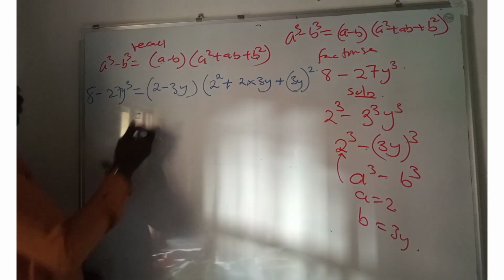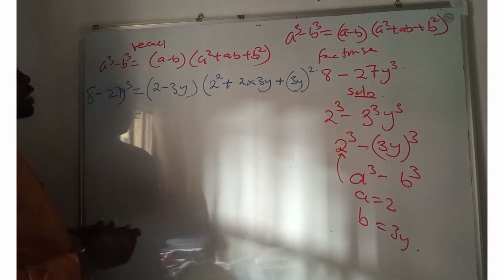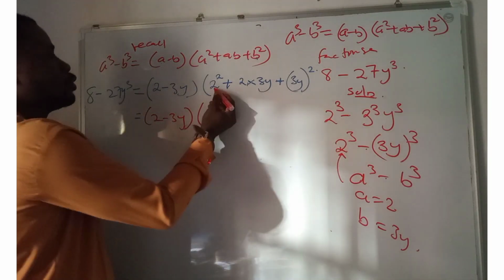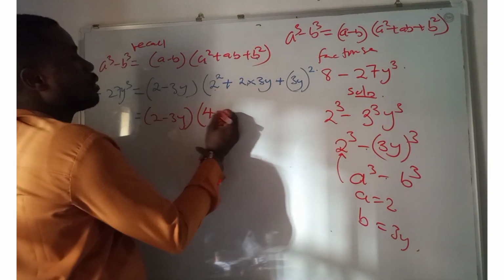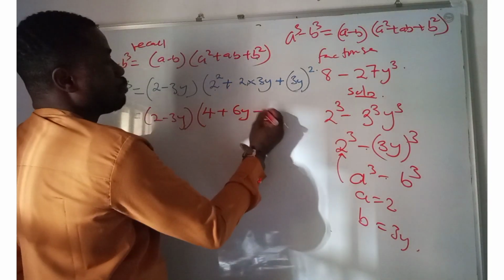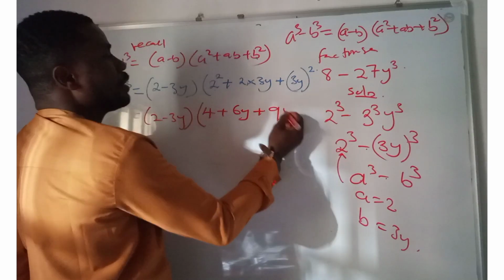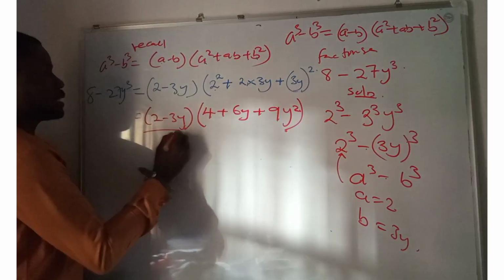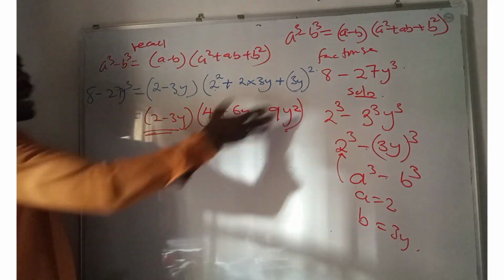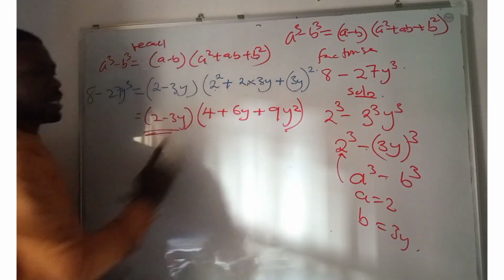So this is equal to 2 minus 3y into 2 times 2, of course, will be 4, plus 2 times 3y, of course, will be 6y, and then plus this will give us 9y squared. And so this is the answer. If we factorize this, this will be the answer.